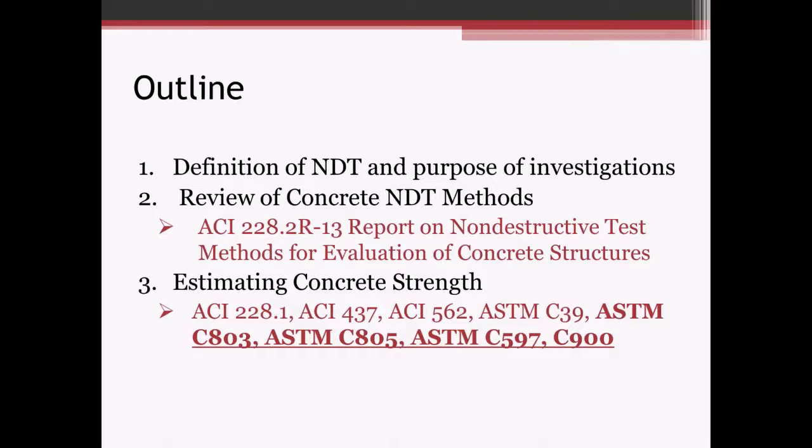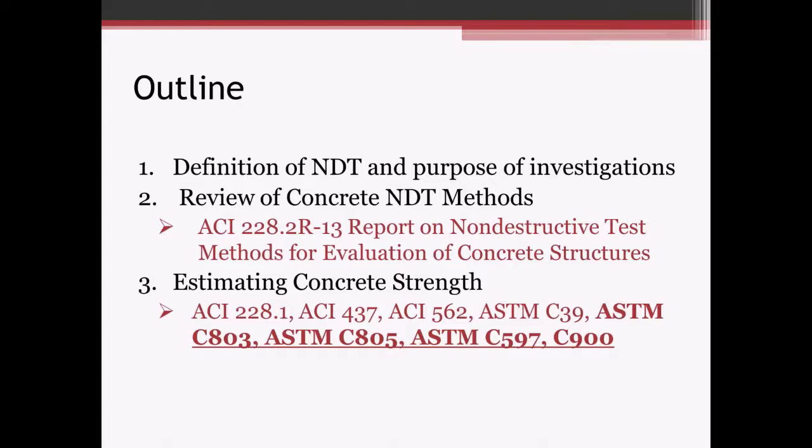And then the non-destructive test methods we'll be talking about are highlighted there: ASTM C805, rebound hammer, and Windsor Probe. We'll talk a little bit about ASTM C900, not only as an NDT method, but briefly as a way to estimate concrete strength.